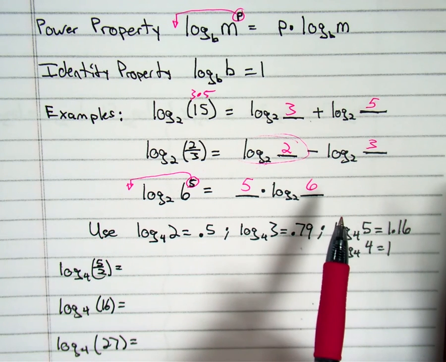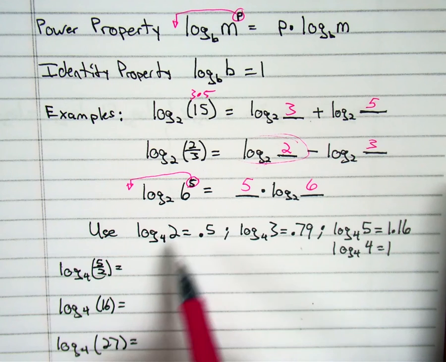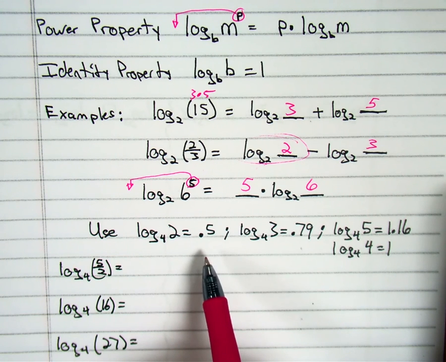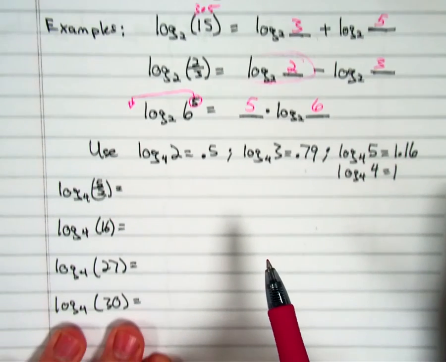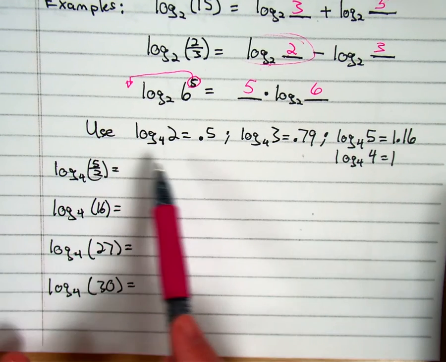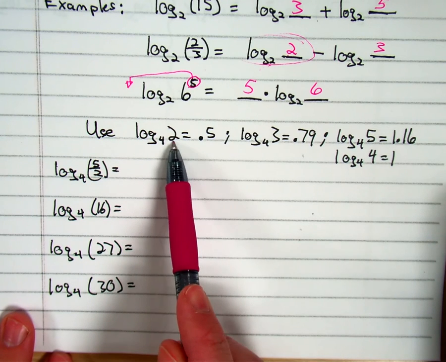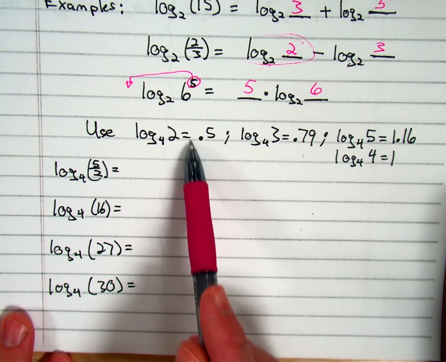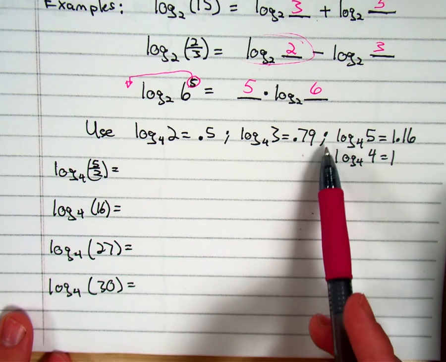For now, we're just going to go with what the book or our notes or worksheet tells us, and then we're going to have to rearrange things or split things up so that it cooperates well with the given information. It's going to tell us these couple values here. Log base 4 of 2 is 0.5. Half, or 0.5, is the power of 4 that equals 2. This one might be a little weirder.